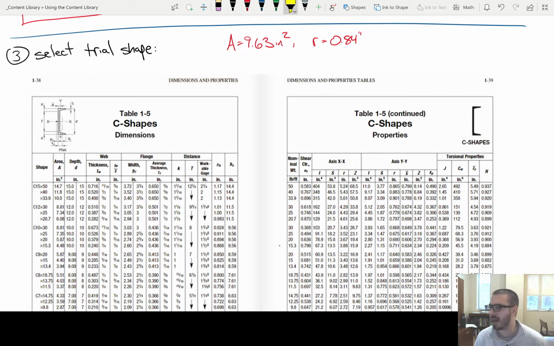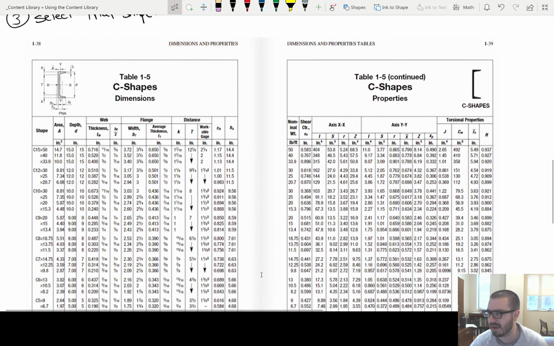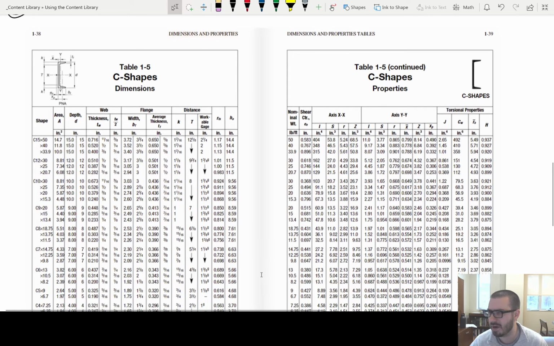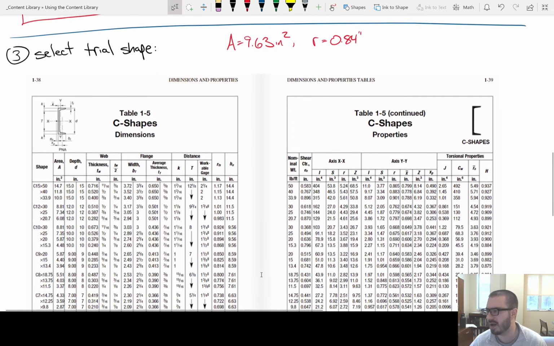So let me break up my highlighter here. Let's first look at the areas. So what we're going to do is find a shape that has at least 9.63, if not a little bit more.